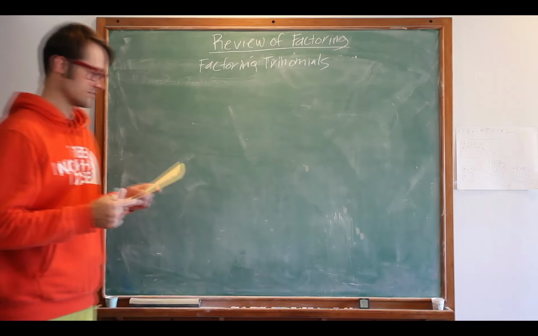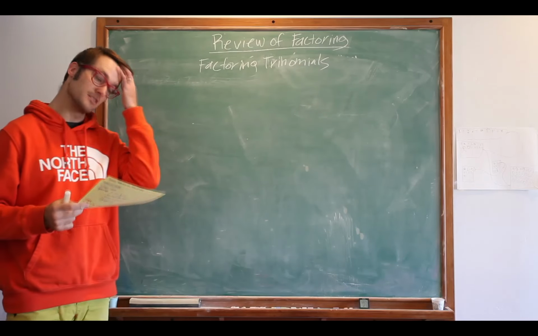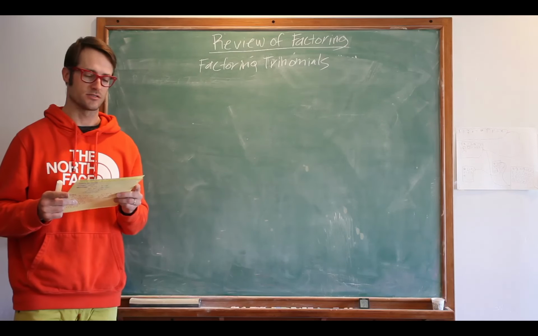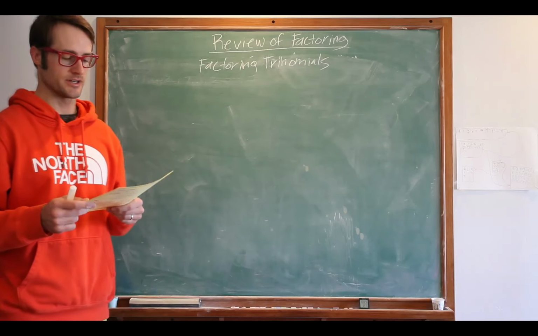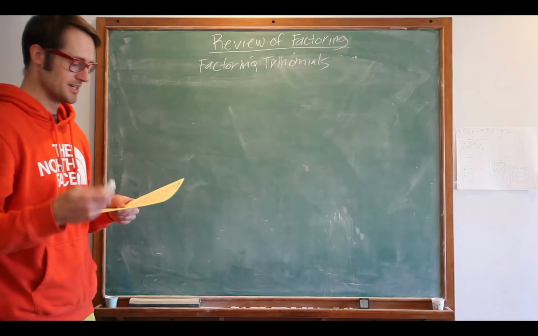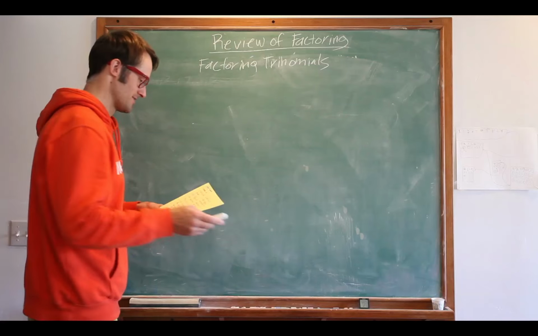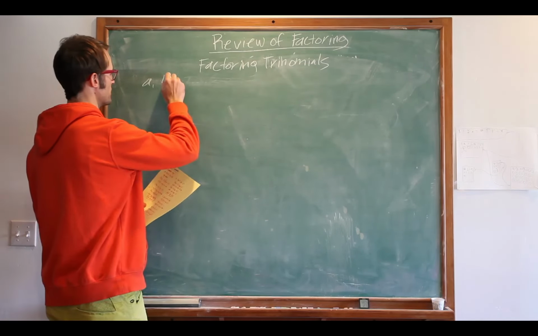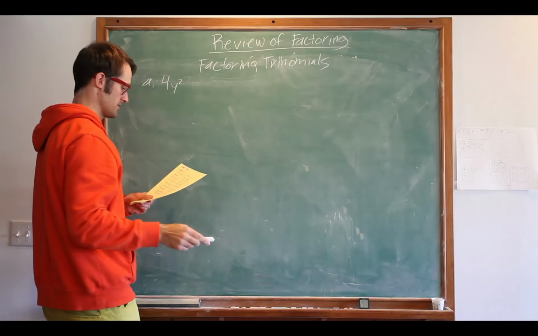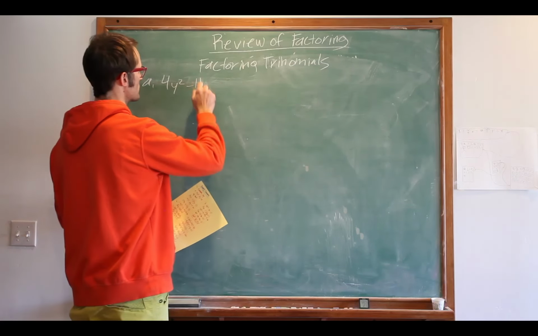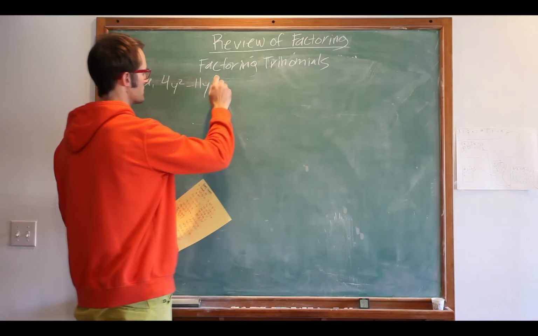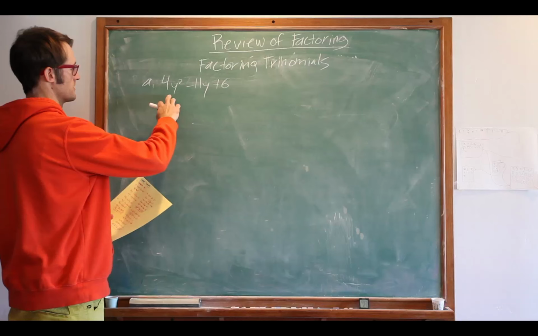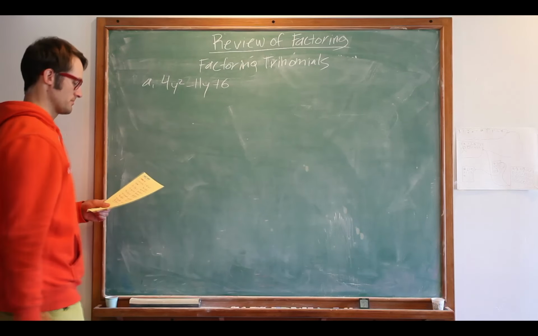And we're just going to go straight into examples here, because when you're factoring trinomials, a lot of it is just trying stuff and seeing what works. So you sort of just have to sense it. So let's factor 4y squared minus 11y plus 6.